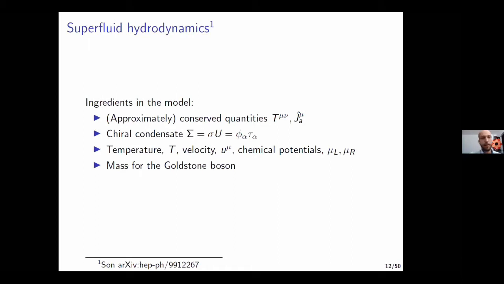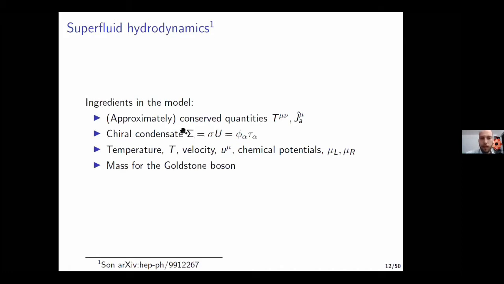This is following work by Son and Stephanov. Here I'm just referencing Son, but Stephanov has also done some work on this. The major ingredients are the conserved quantities, the energy-momentum tensor and the axial current.